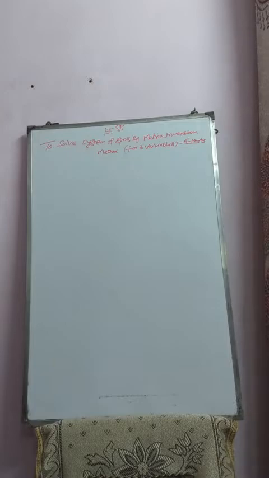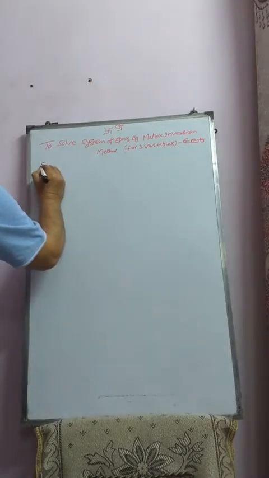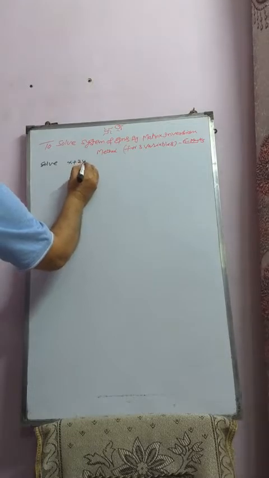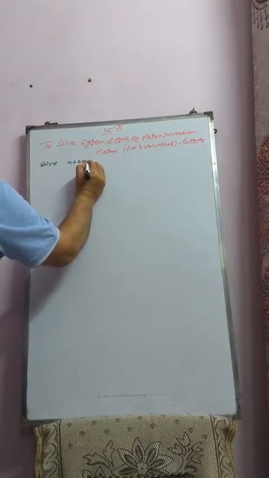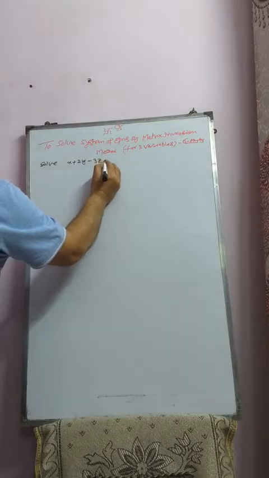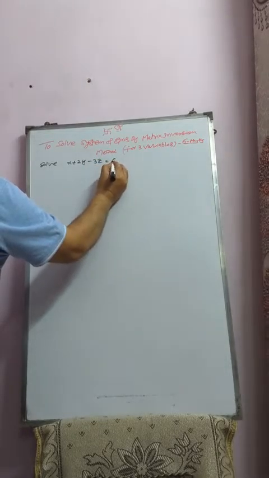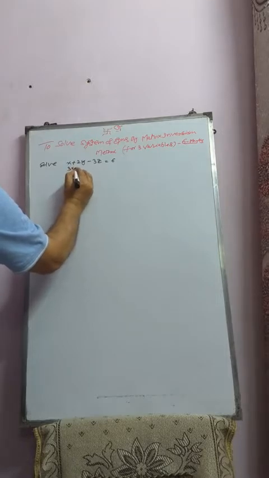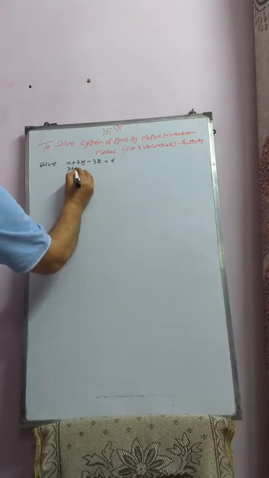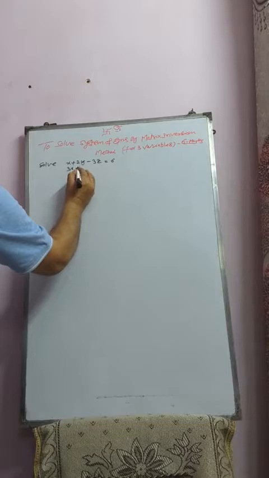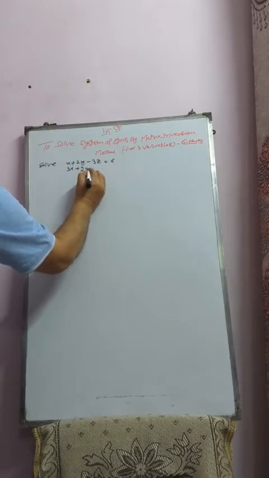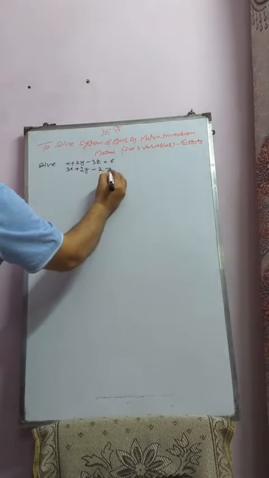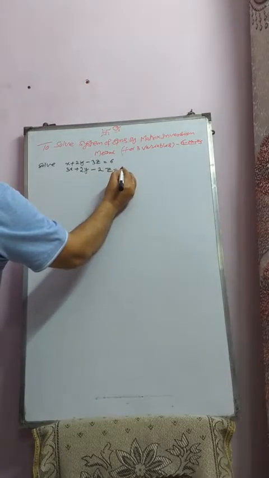Let's have x plus 2y minus 3z equals 6. Another equation, 3x plus 2y minus 2z equals 3.